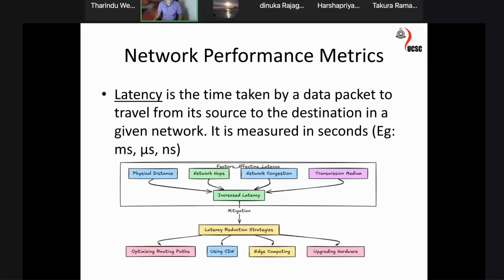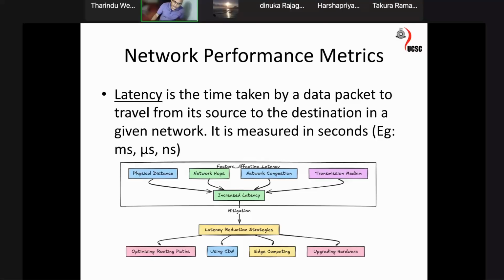Within Colombo University itself, between different departments on the same local area network, latency may be lower, but latency is higher when you are going through the interconnected network over a wide area network.